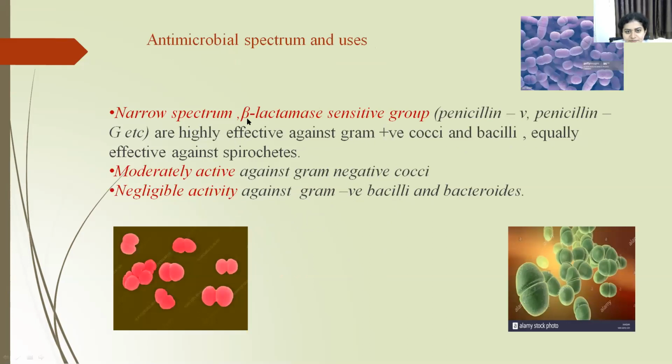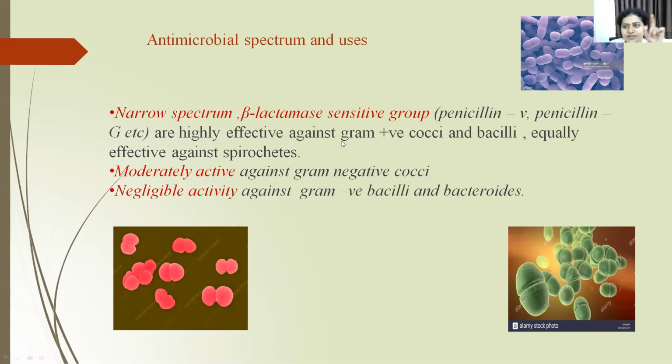So the narrow spectrum beta-lactamase sensitive group, which includes penicillin V and penicillin G, is effective against, as I already told, gram-positive cocci, gram-positive bacilli, and equally effective against spirochetes. Moderately effective against gram-negative cocci, that includes Neisseria meningitidis and Neisseria gonorrhoeae, and negligible against gram-negative bacilli and Bacteroides.